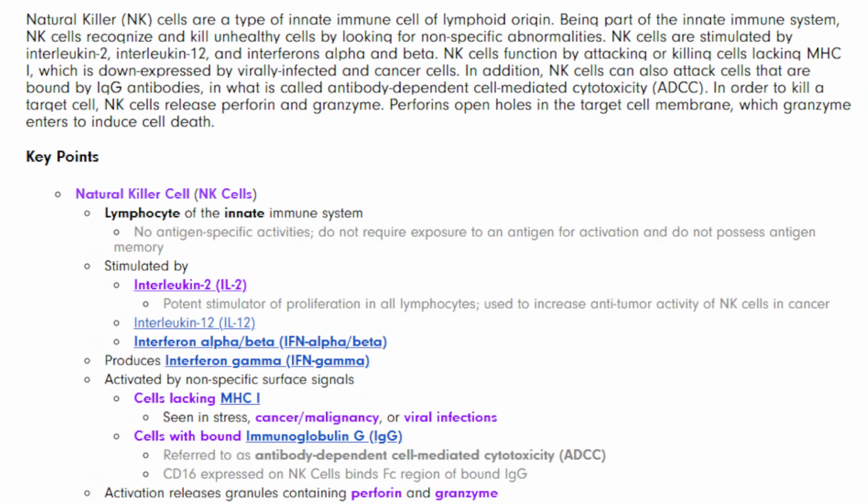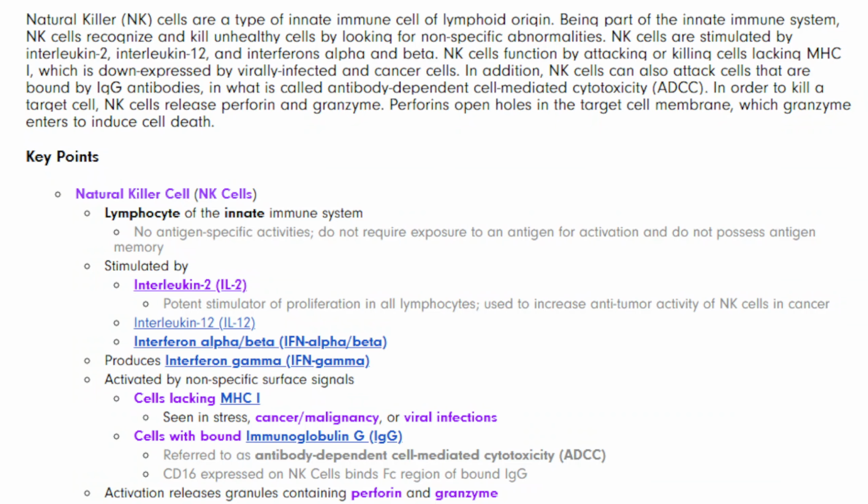Okay? So remember, natural killer cells are lymphocytes of the innate immune system. They get stimulated by four things. Number 1, interleukin-12 and interleukin-2, and they're stimulated by interferon alpha and beta.